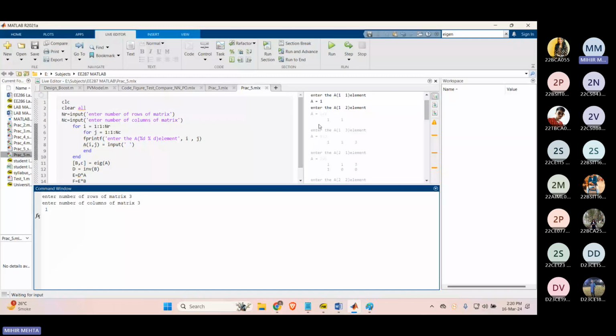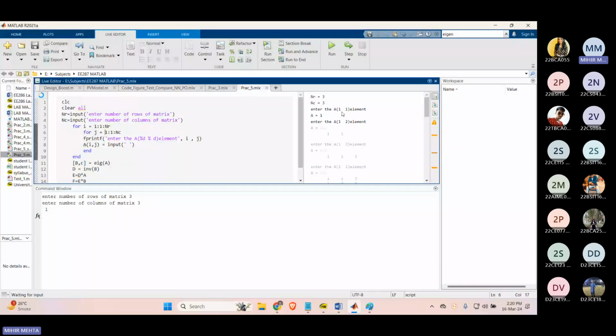So if you see here, it says enter the value A11. Now the element A is turning out your first element is 1. Am I making this clear? You have entered this particular value. Now understand this. You have completed this loop Aij, that was your 1 1 value. You have inputted that particular value and it has been reflected.